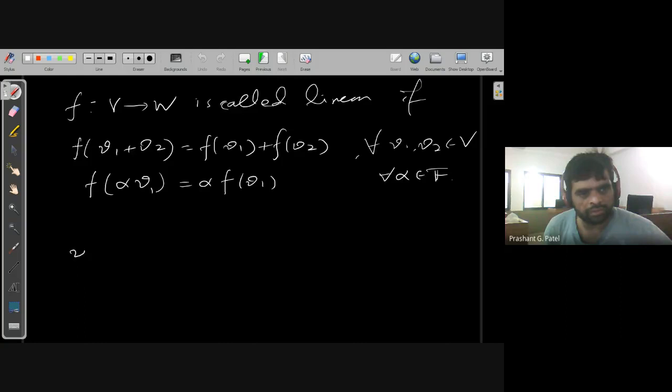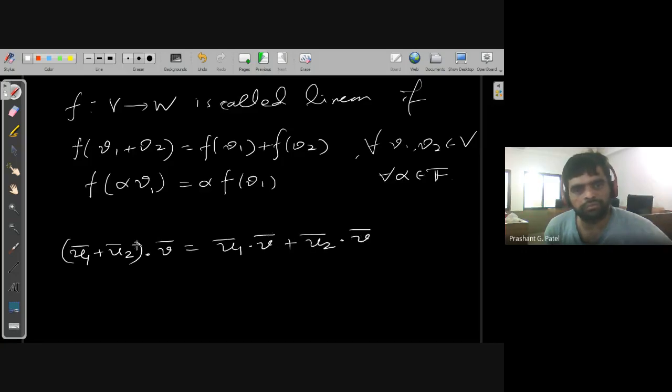Because u1 bar plus u2 bar dot product with v bar will give me u1 bar dot v bar plus u2 bar dot v bar. This is true because the dot product and this addition satisfy the distributive property.